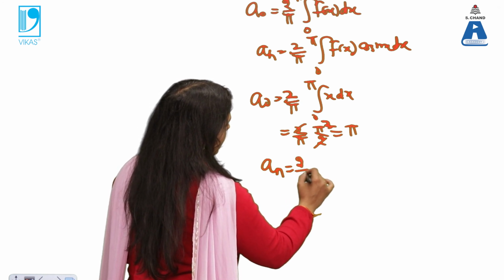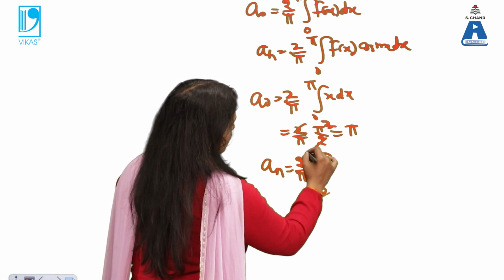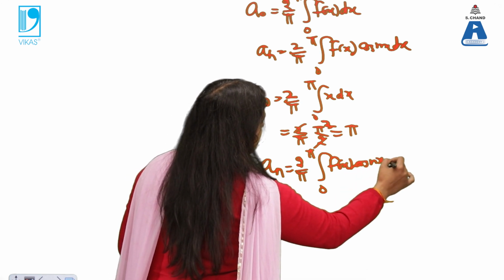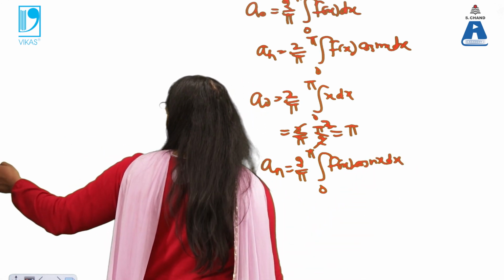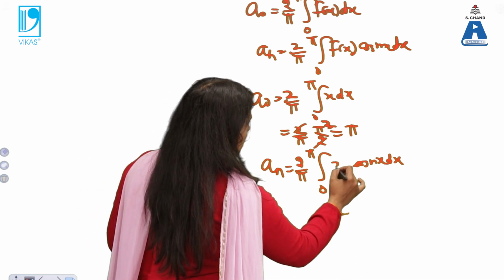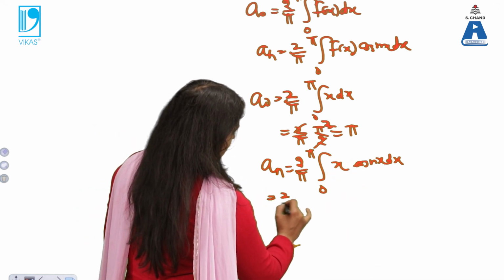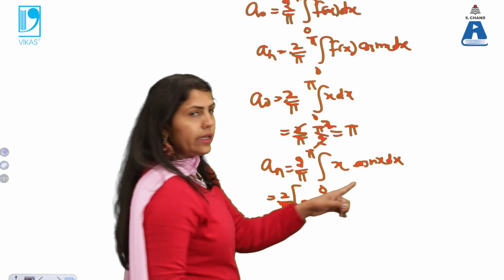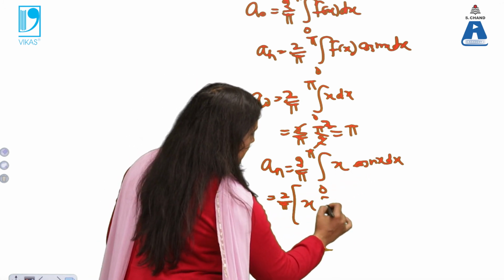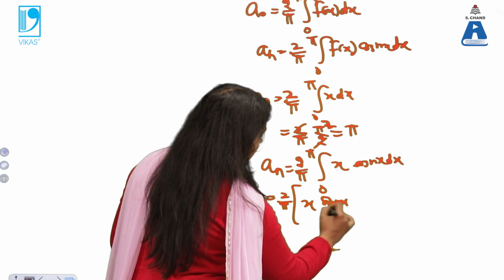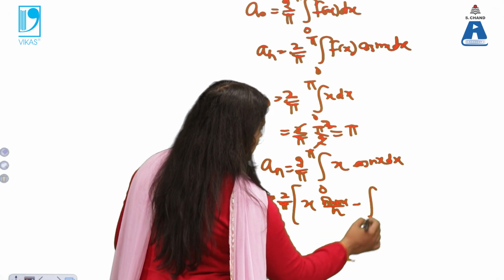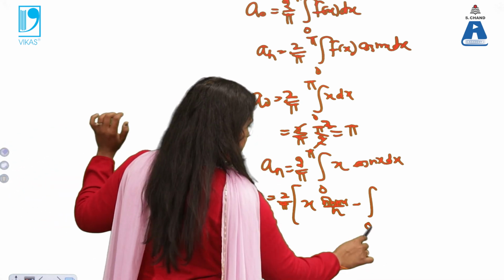Now an. So 2 by pi integral 0 to pi f(x) cos nx. I substitute the value of f(x), and that is x. So 2 by pi, first the same, the integration of cos nx is sin nx upon n, minus integral 0 to pi, limits I will apply later.